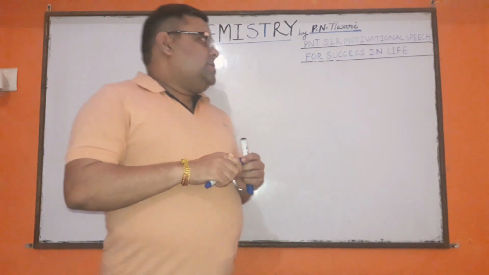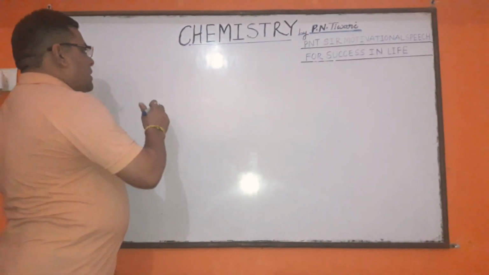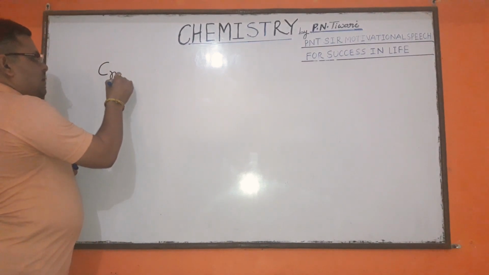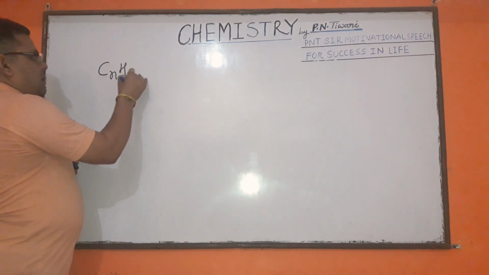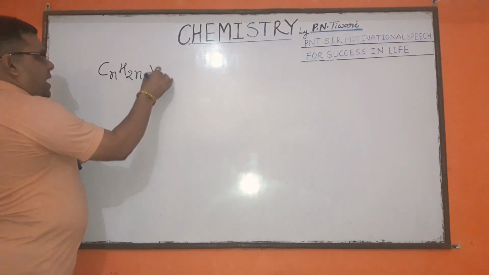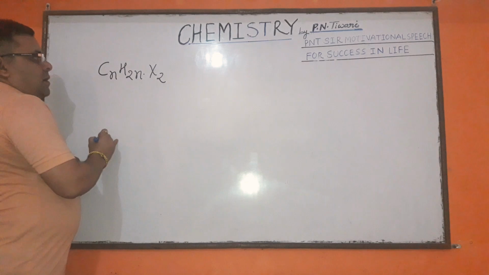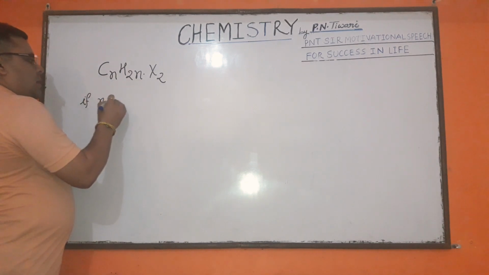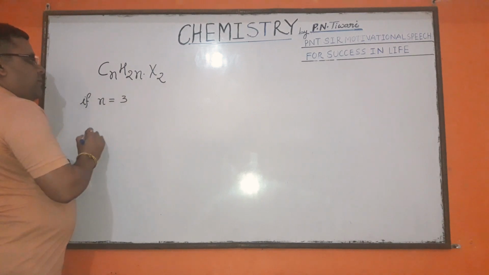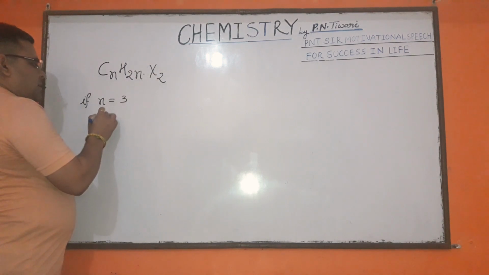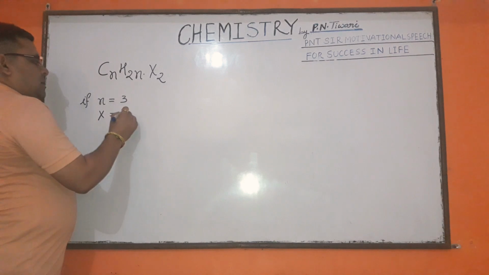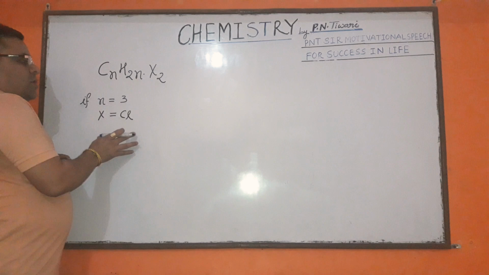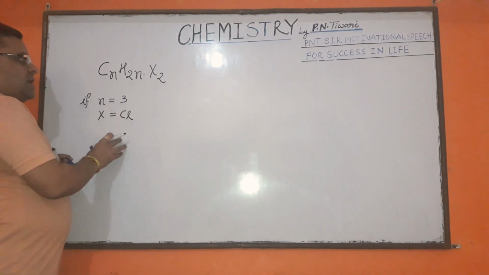So dear students, what is the general formula of dihalogen derivative of an alkane? Its general formula is CnH2nX2. In place of n, if we put value 3, and in place of X, if we write chlorine Cl, then what will be the molecular formula of such type of dihalogen derivative?